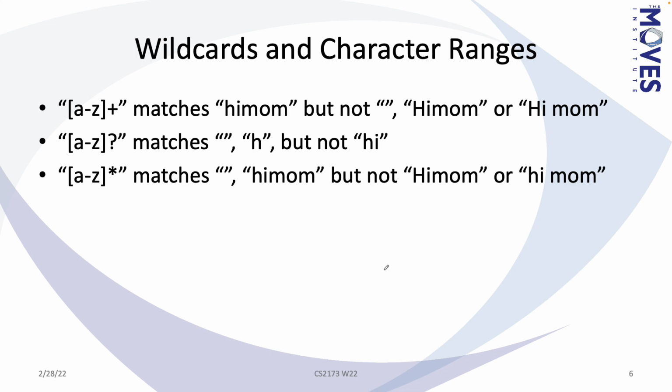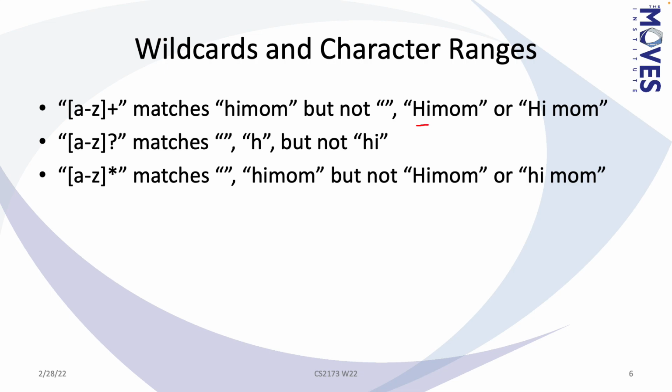So we can put them together with the character range. For example, A through Z plus says one or more lowercase letters. So that will match "himom" with no space. It won't match an empty string, because there needs to be at least one thing there.